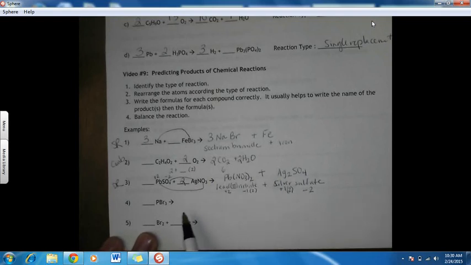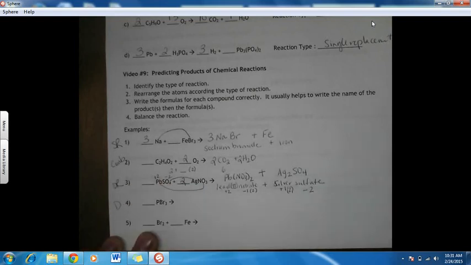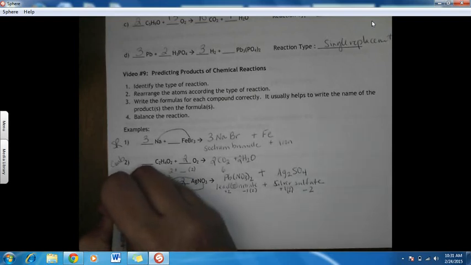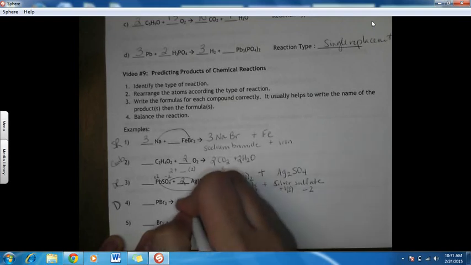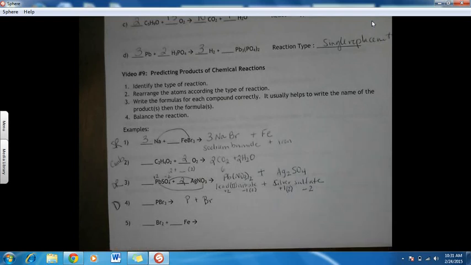Number 4, PBr3. And so this is a single reactant, so that's going to be a decomposition. And decomposition just breaks apart into elements, so it's going to be phosphorus plus bromine. Now when we break apart our elements, we have to think about what our diatomic elements are.